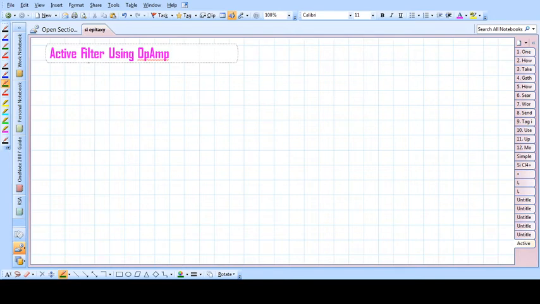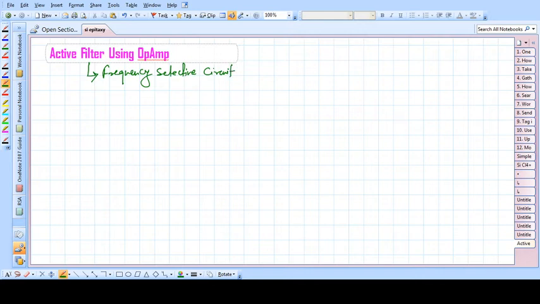This filter is an electronic circuit, which is basically a frequency selective circuit.